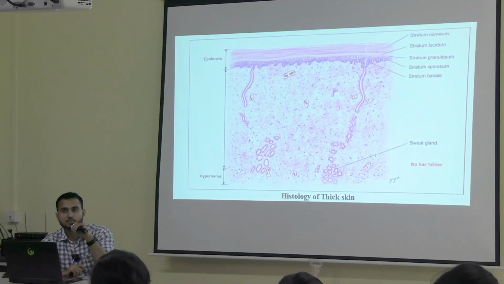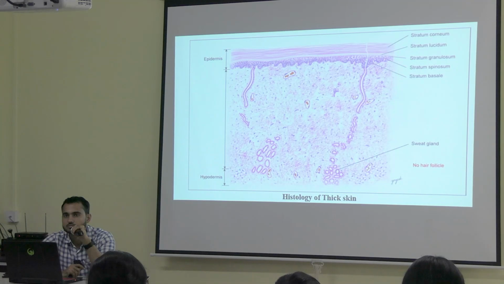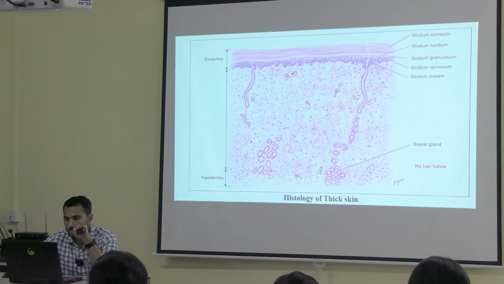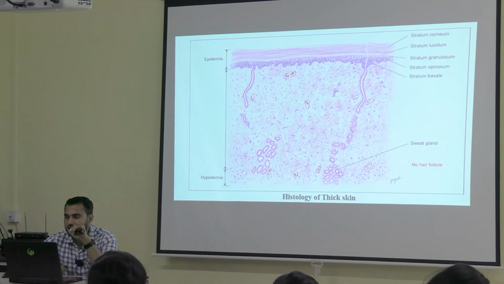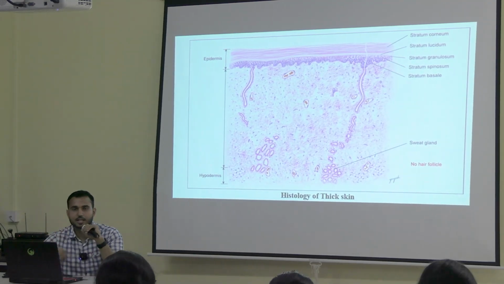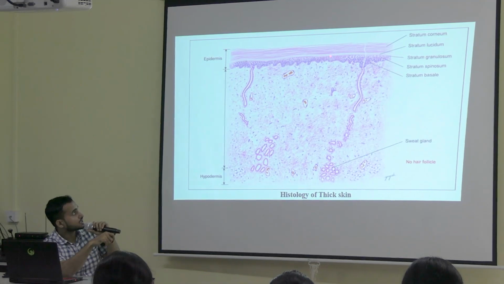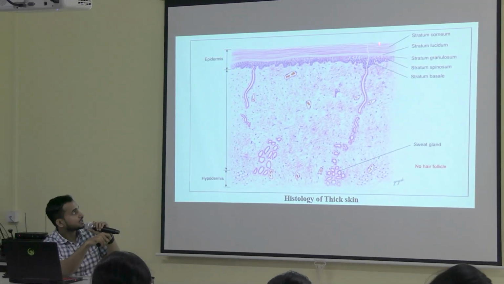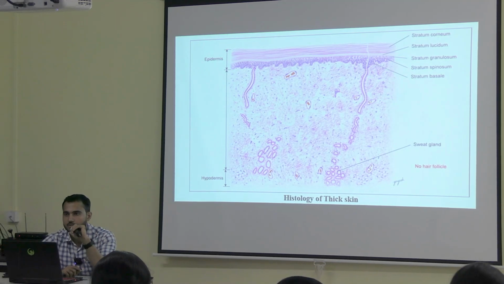Now, can anyone tell me which skin this is? Why is it thick skin? Because you can see the stratum lucidum. Just see the diagram. The stratum lucidum can be seen easily, and just see the thickness of the stratum corneum.